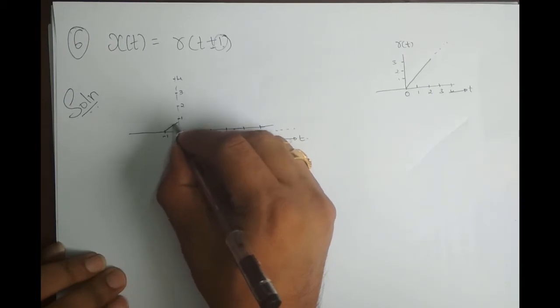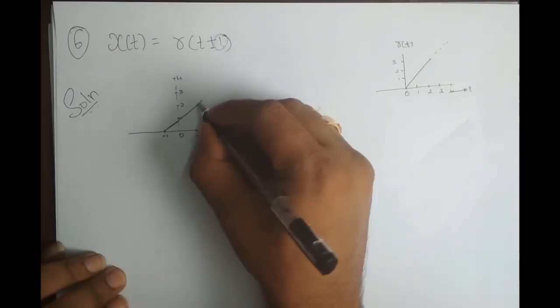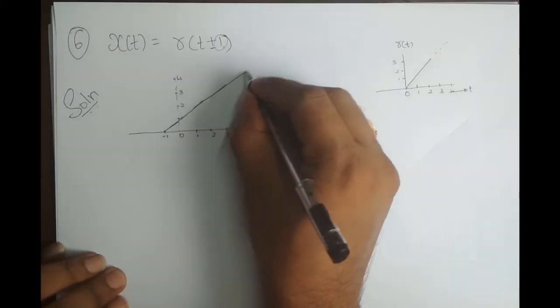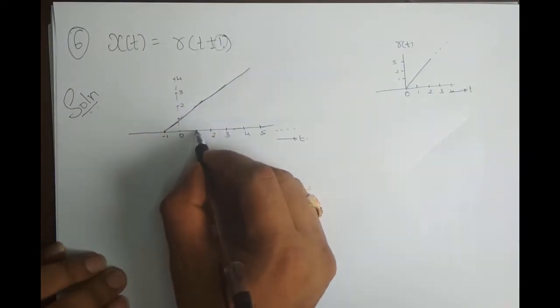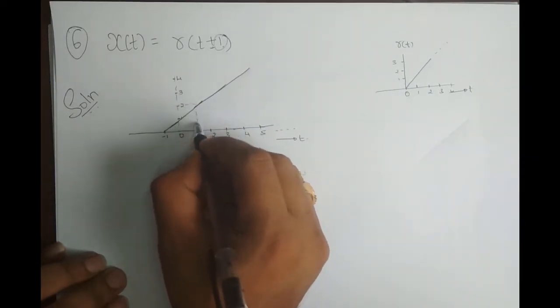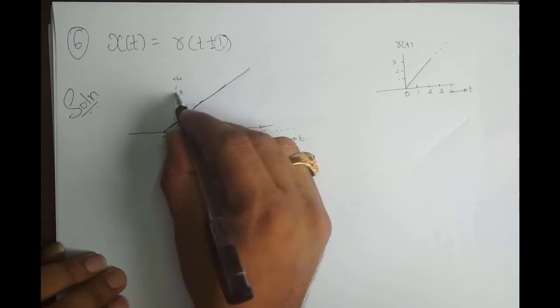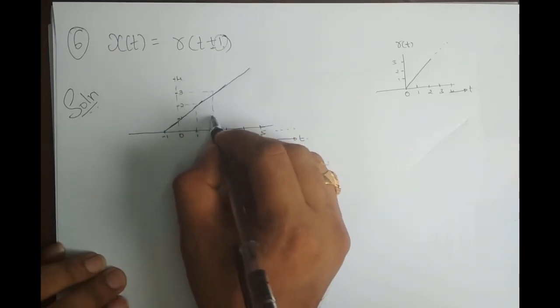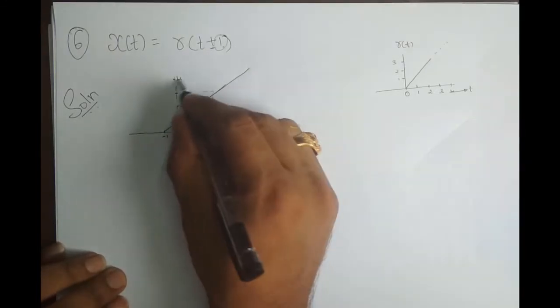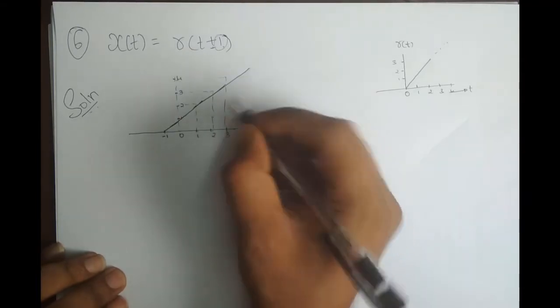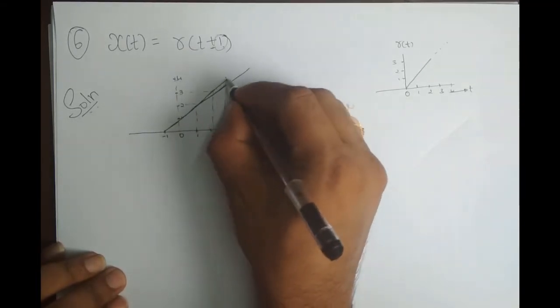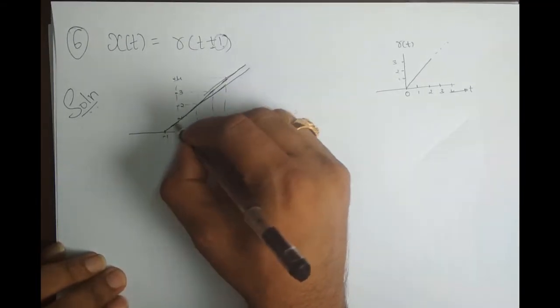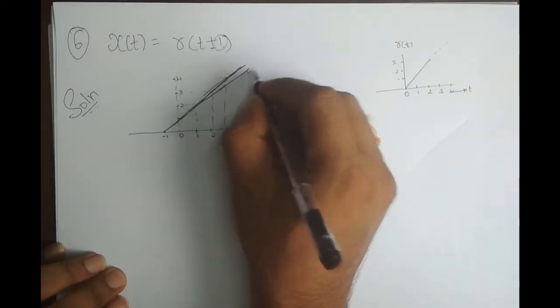So this is how it looks. Basically at t is equal to 1, amplitude should be 2. Okay, at t is equal to 2, amplitude should be 3. At t is equal to 3, amplitude should be 4. Okay, so it is something like this. Hope you can understand what's happening here, right?